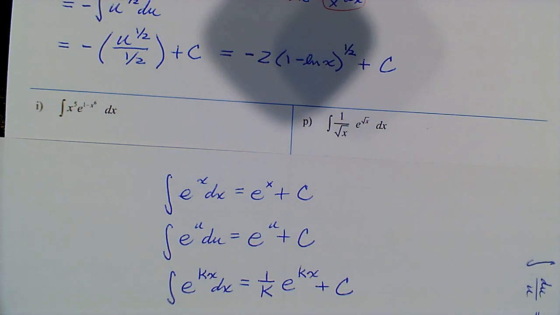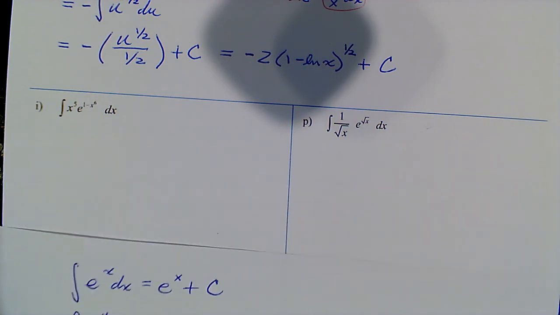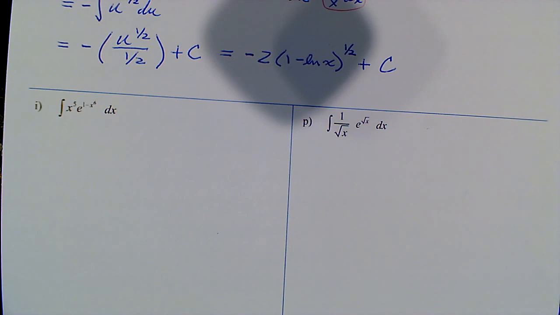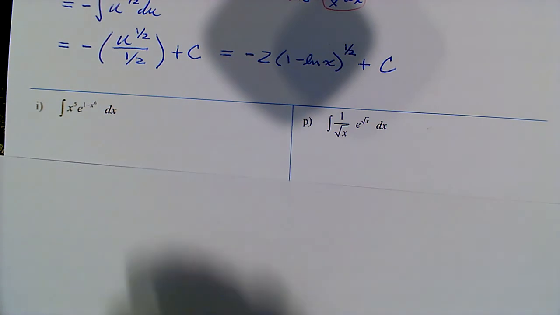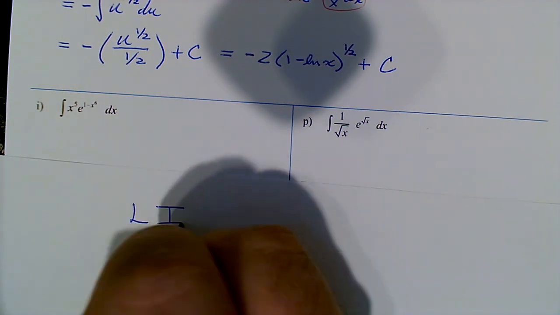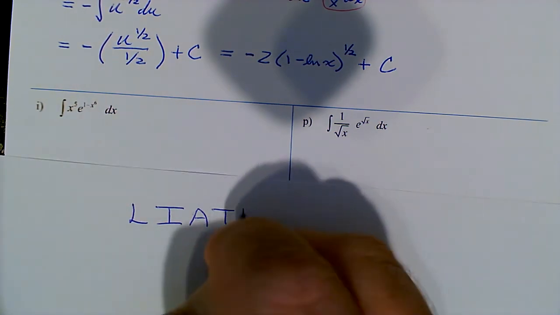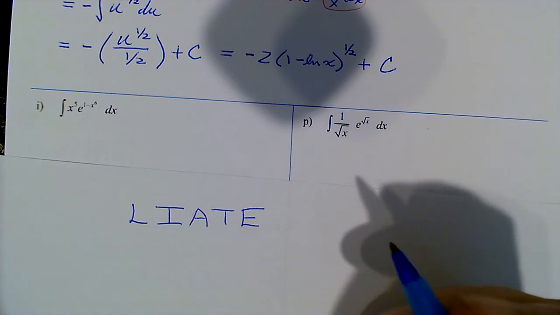So recall that we had a little bit of a hierarchy with respect to these different classes of functions. Remember, the 5 main classes of functions are described through this little acronym LIATE.